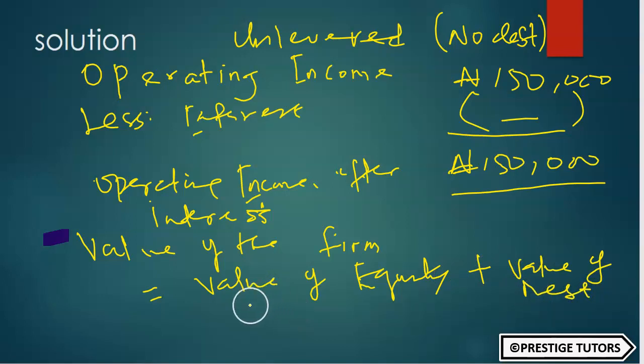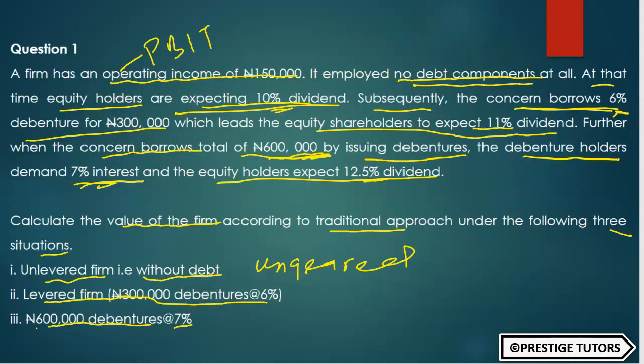That means we need to first get the value of equity, then the value of debt. Going back to the question, in the first case no debt. That means the value of our debt will be 0.